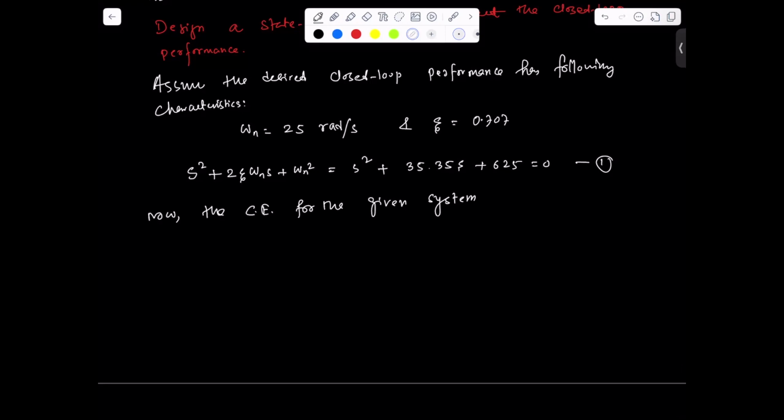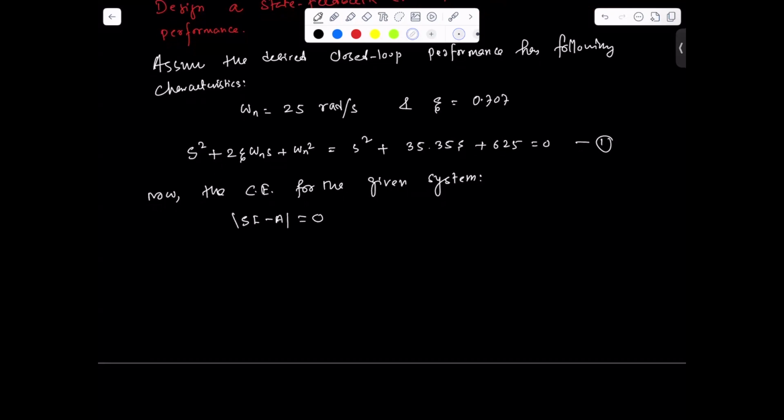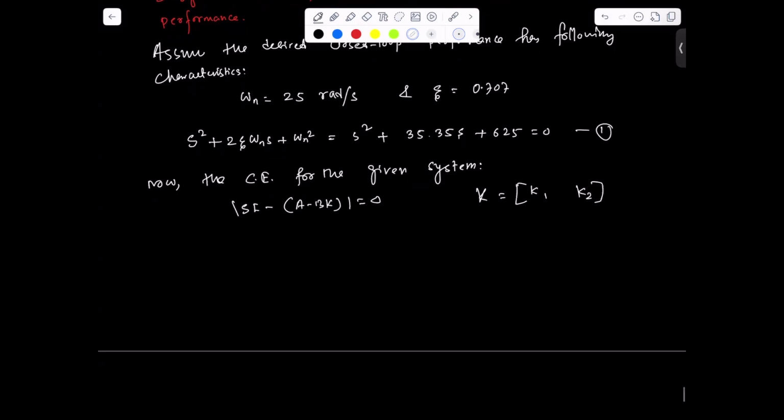This is the procedure we have followed before. We have the desired characteristic equation and the system characteristic equation. So we find determinant of sI minus A equal to 0. No, it is wrong. It should be determinant of sI minus (A minus BK) equal to 0, where K is the matrix K1, K2.